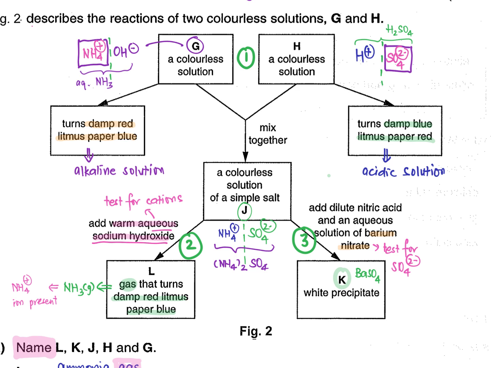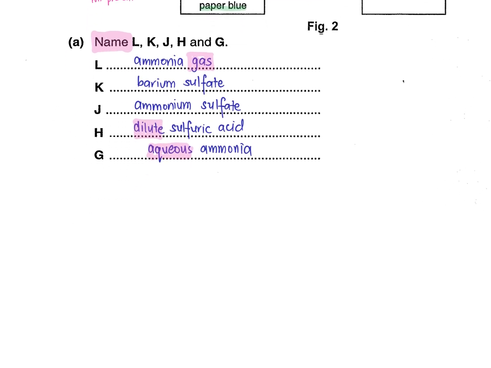So there are only 3 equations you can write for this particular flow chart. You are given a choice to write an equation for any of the reactions. The easier ones to write are actually the second and the third equations. The first one you may make mistakes because of the way you have to write your aqueous ammonia representation. But I'm going to list down all 3 equations for you. Part B, you write your answer on page 5. Please copy down all 3 because you don't know what they're going to ask you to write.